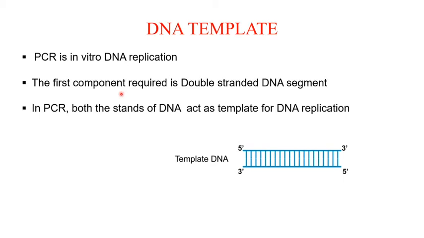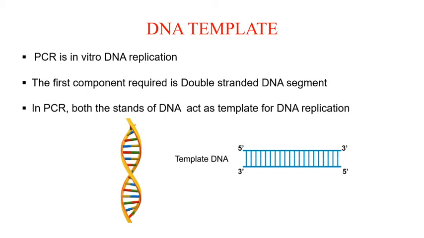It may be a plasmid DNA or complementary DNA, genomic DNA or bacterial DNA, and it contains 100 to 35,000 base pairs in length. You can see here this is the DNA strand and this is the template DNA with one strand showing 3' to 5' direction and other strand showing 5' to 3' direction.